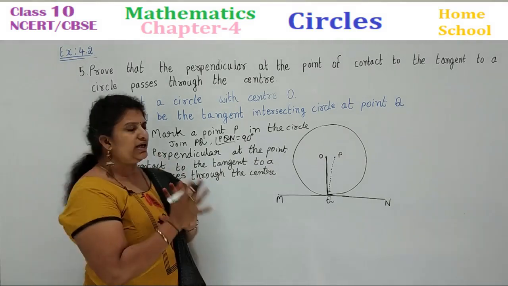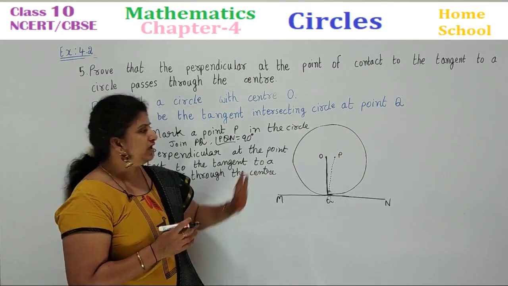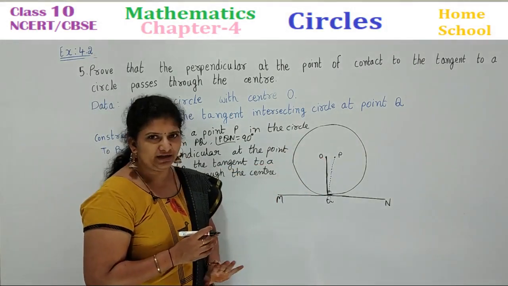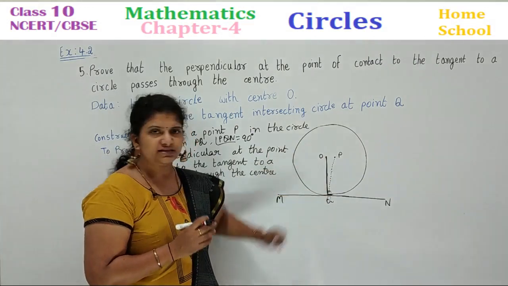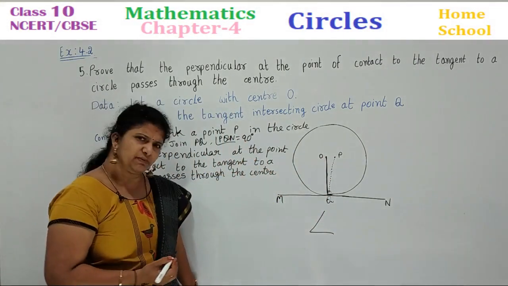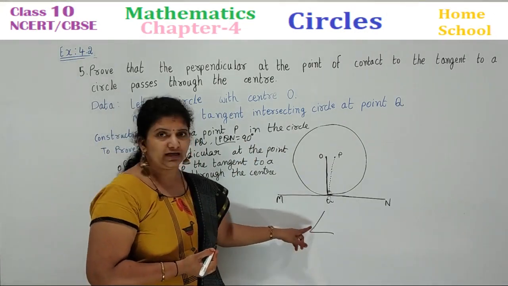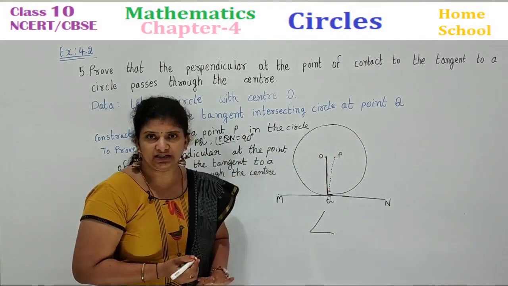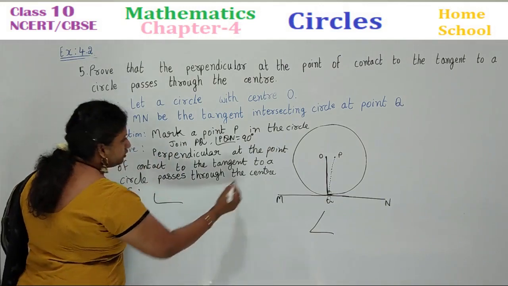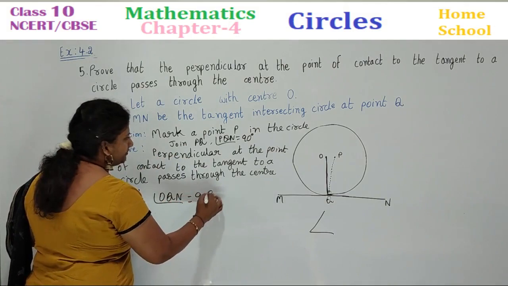If I observe keenly here, children, observe the picture carefully. If we assume O is a center, yes, it might be 90 degrees. But if P is at the center, look here carefully, your angle is like this. Is this perpendicular? Just think a little. No, this is not 90, though we assume it is 90. According to our assumption, I know that angle OQN is equal to 90 degrees.